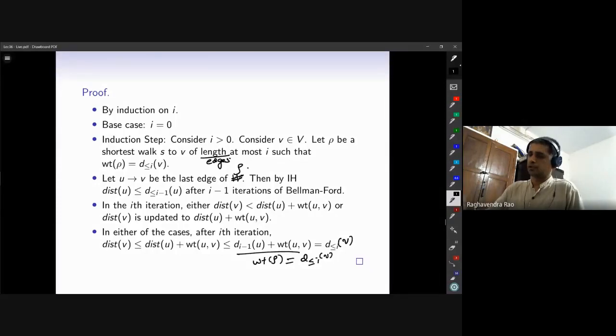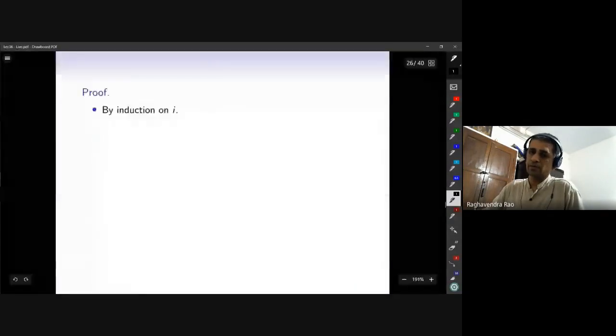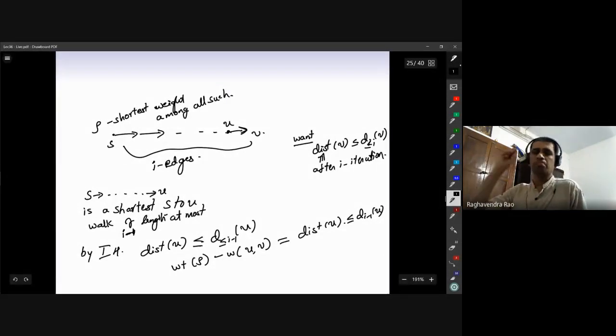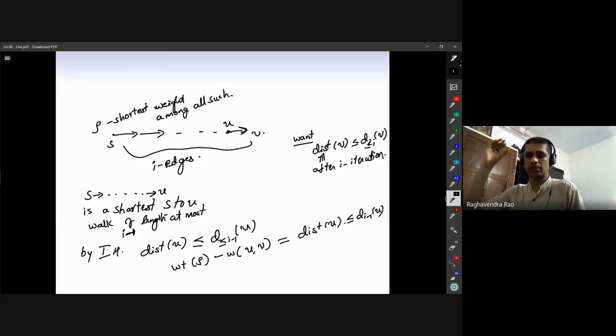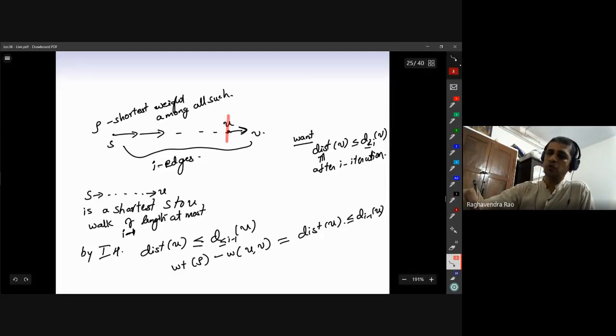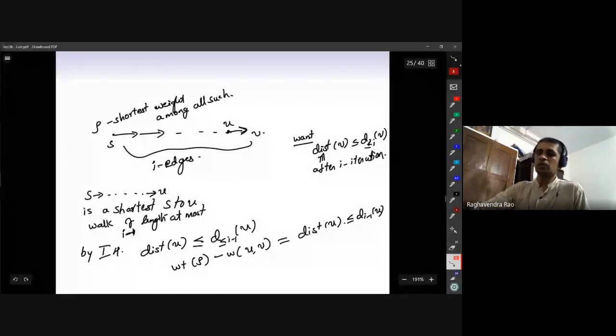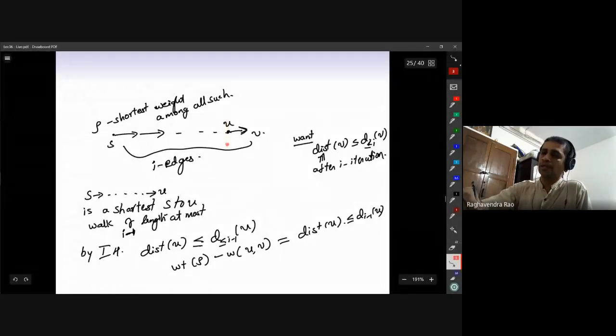That is all. So let's go back to that picture once again. We took a shortest walk from S to V that uses at most i edges, or exactly i edges, let's say. And by induction, up to u the condition is satisfied, that is distance of u after i minus 1 iterations is at most d_{≤i-1} of u. Now we look at the ith iteration. At the ith iteration, either this edge might have caused a relax or it may not have.